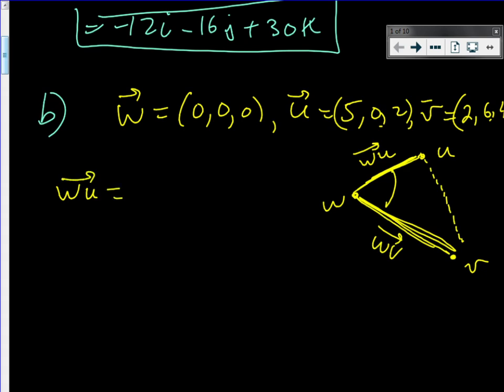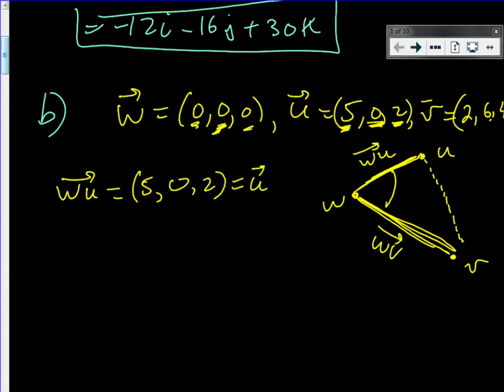To find the vector from point W to point U, you subtract the first components. 5 minus 0 is 5. 0 take away 0 is 0. 2 take away 0 is 2. So it's 5, 0, 2. Ooh, but that's vector u.